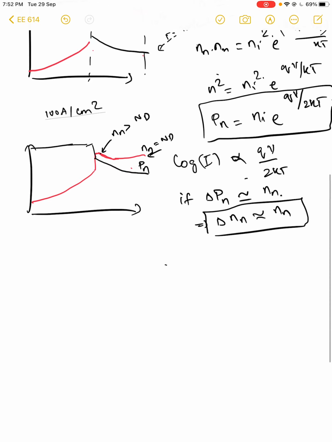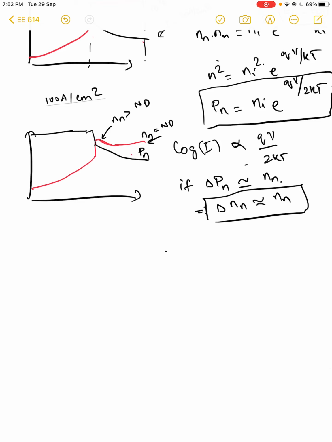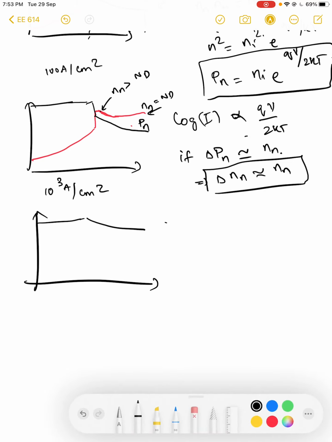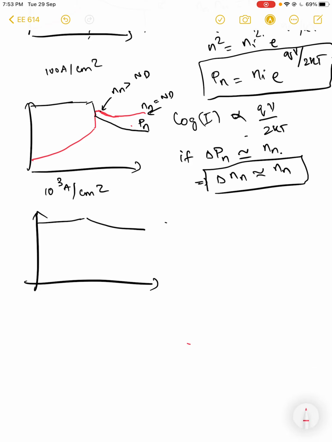Now you can also plot this at very high injections. So this is at about 10 power 3 amperes per centimeter square. Under such conditions you can see that your Pn is not largely affected once again, but the N carrier density is strongly peaked.